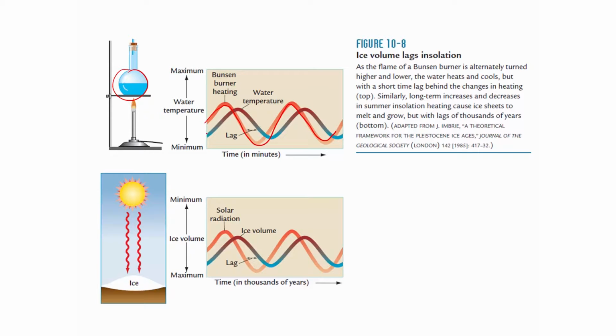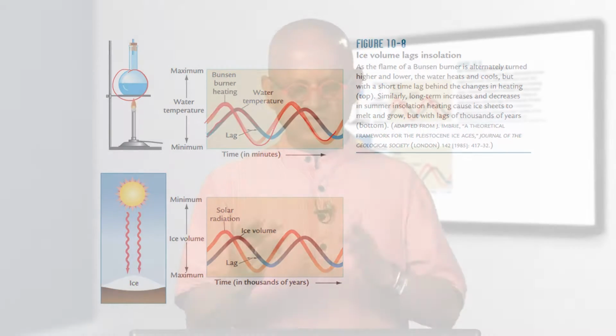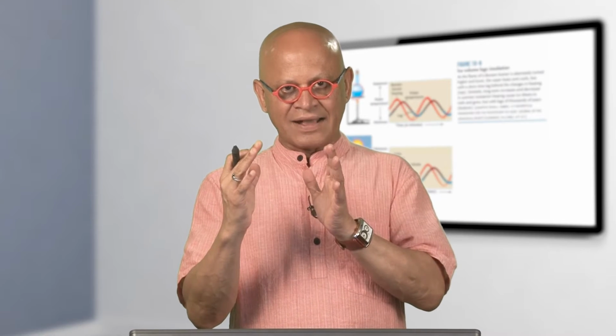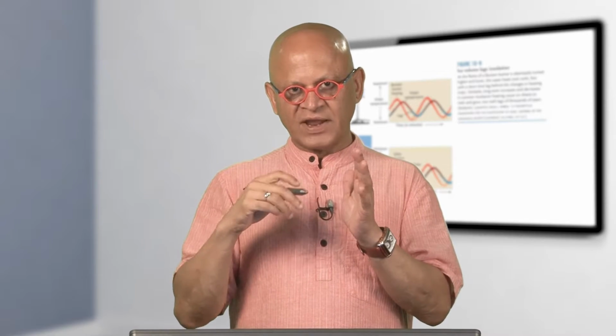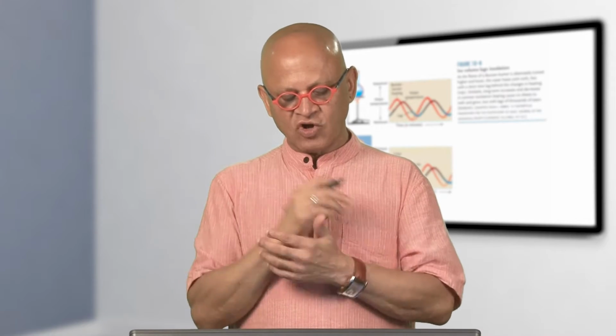And water temperature will start to warm, but with a delay because its heat capacity is high. And then when the Bunsen burner is turned off, water is still remaining warm, so it begins to cool with a delay, and so on. So you create this lag between the two waves. So if the wavy heating is provided, the wavy temperature of the water will be shifted.